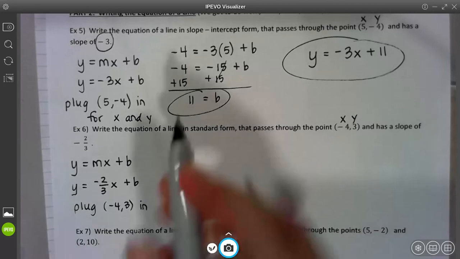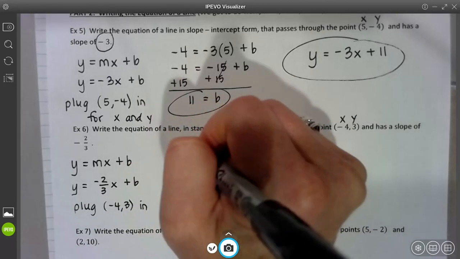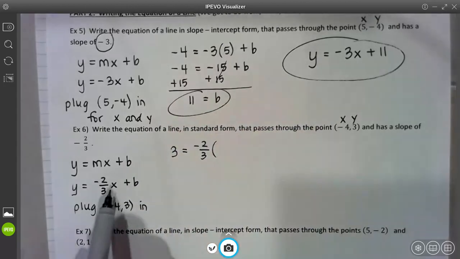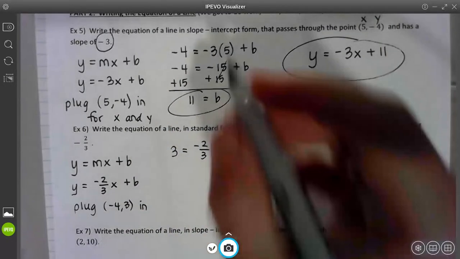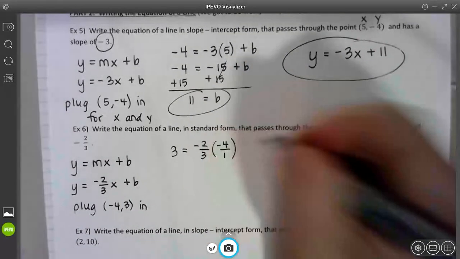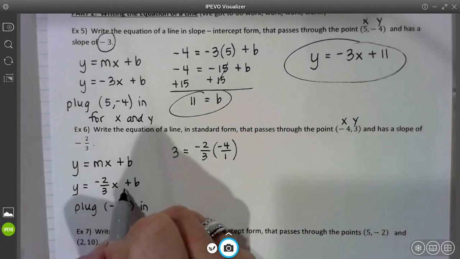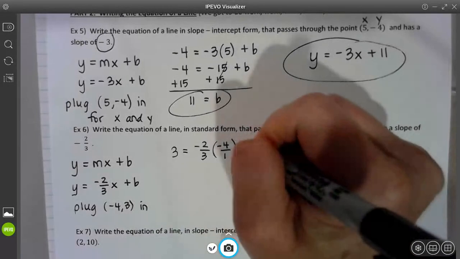So 3 goes in for y. It equals -2/3 times x. We're plugging -4 in for x, but guys, I'm going to get myself ready. I'm going to put it over 1. I'm getting myself ready for multiplying those fractions. And then plus b is still left.